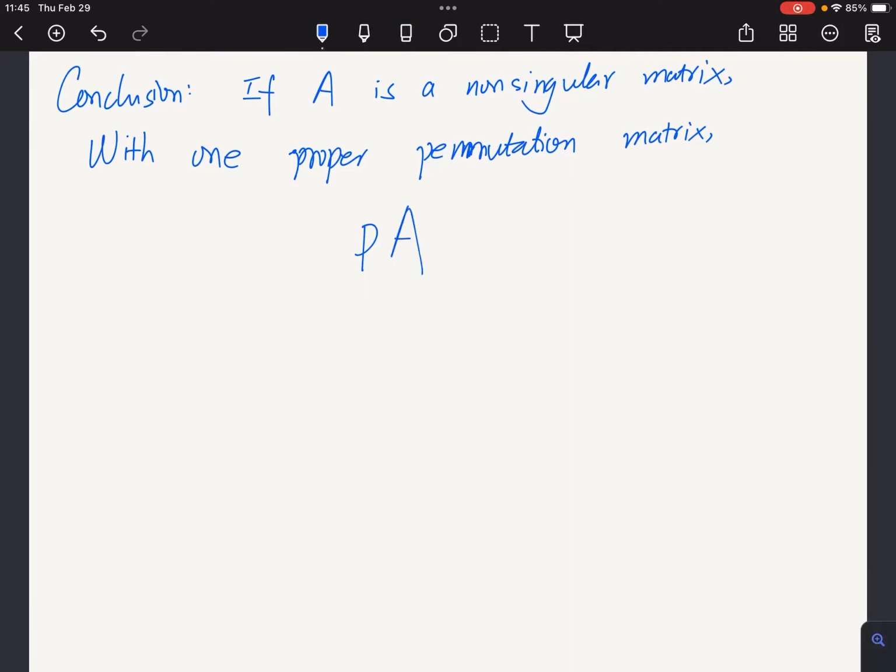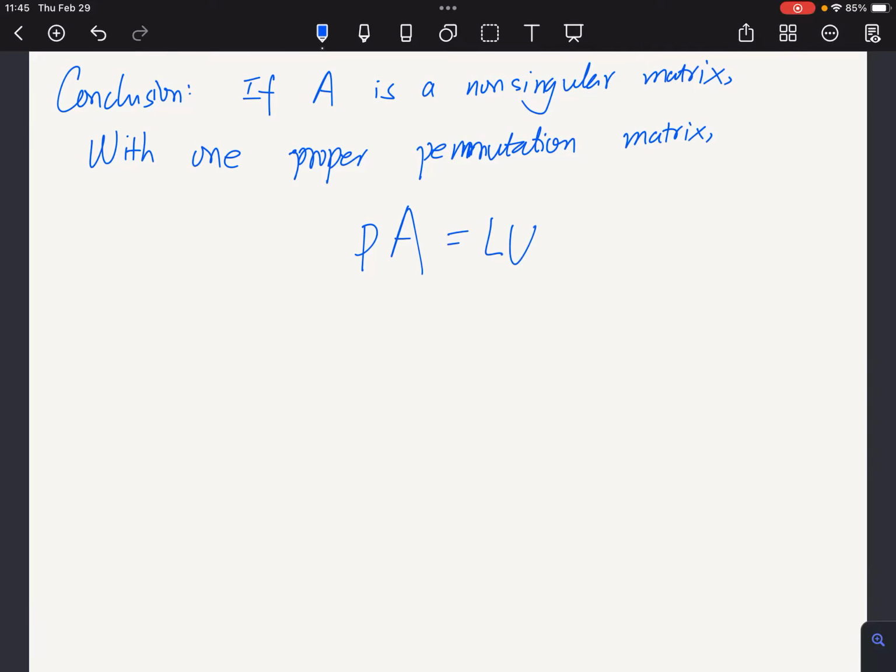which means that the P here is playing the role of row exchange. And then after the row exchange, we don't need to perform any row exchange during the Gaussian elimination. So for this result, we can perform the LU factorization on it. Because for each non-singular matrix, you can perform the Gaussian elimination, right?